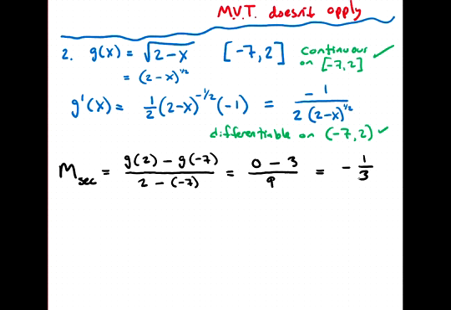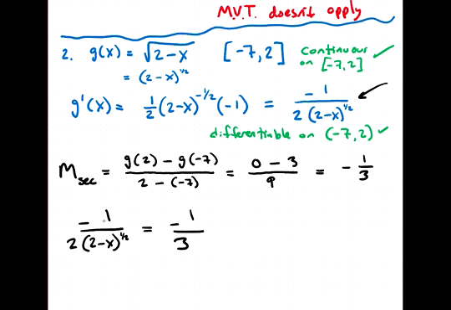So what we want to do is set the derivative equal to the slope of the secant line, and we'll solve for x. Our derivative is negative 1 over 2 times (2 minus x) to the 1/2 power, and we'll set that equal to negative 1 over 3.